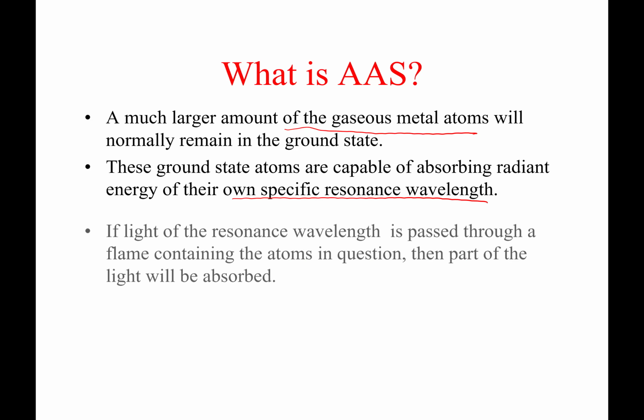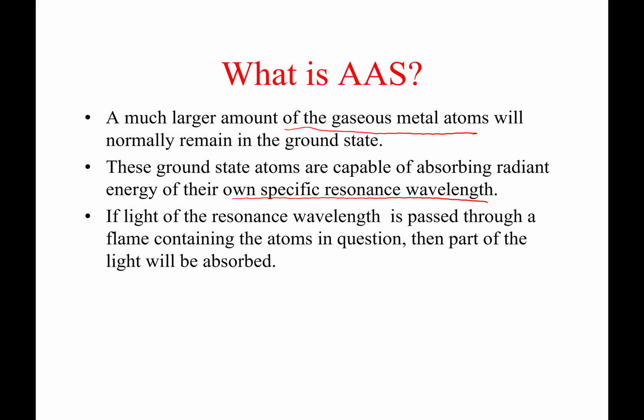Now, if light with that resonant wavelength is passed through the flame, remember, the flame is the one containing the atoms, the sample holder. If light is passed through that flame, that is where you have your atoms. Then those atoms are going to absorb, so part of the light will be absorbed.